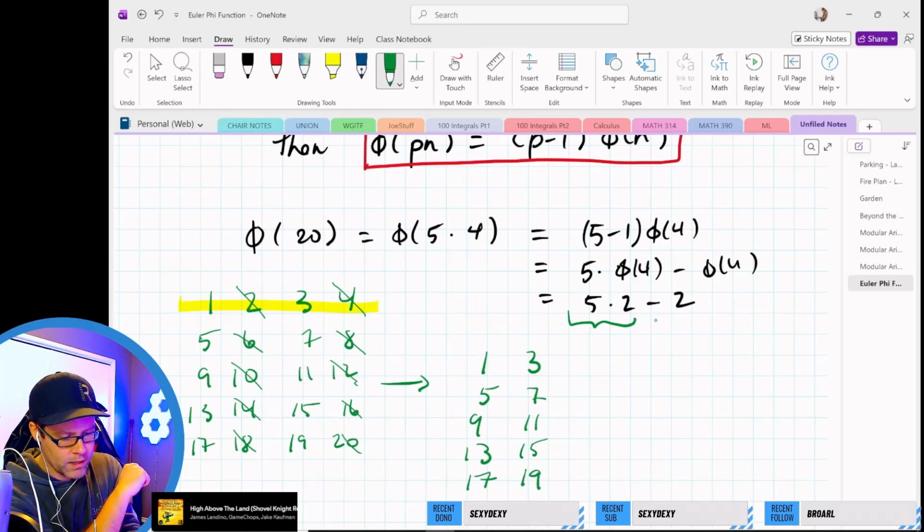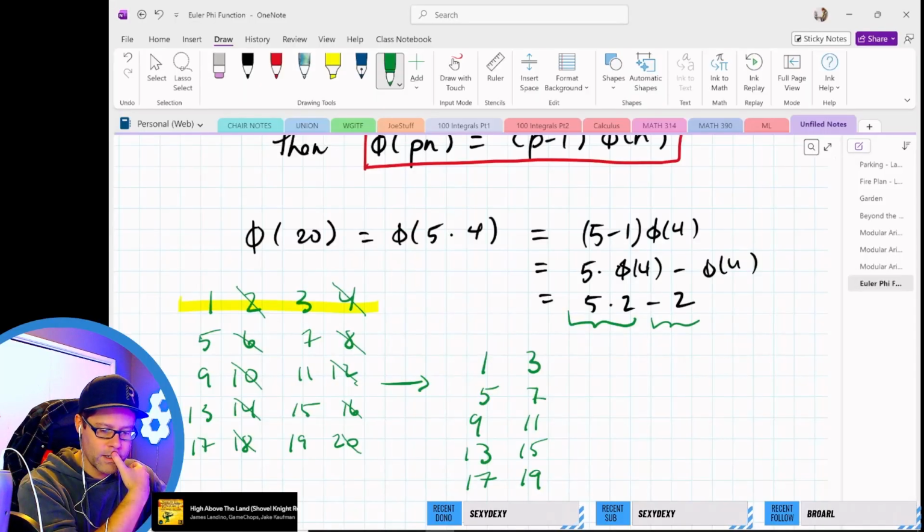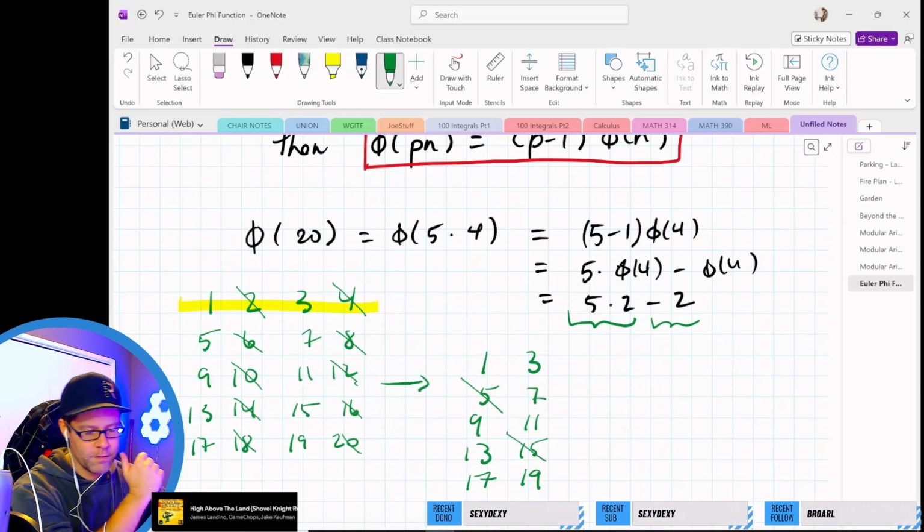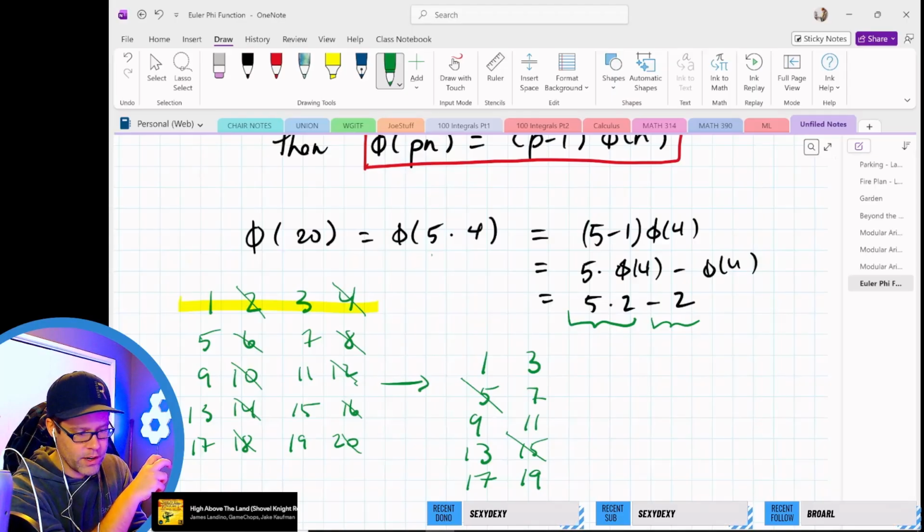Now, the formula says we need to subtract 2 more things, and where are they? 5 and 15, right? So I have to get rid of 5, and I have to get rid of 15. And why are 5 and 15 here? Those two numbers are here because 5 does not divide 4.